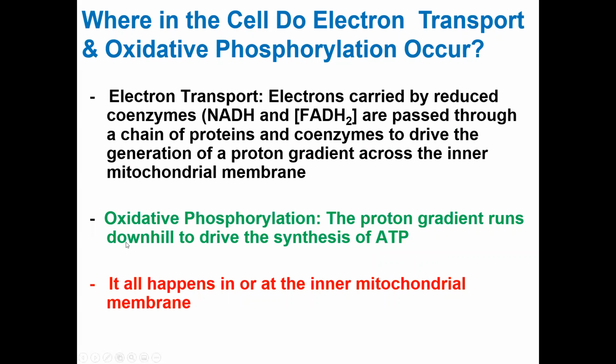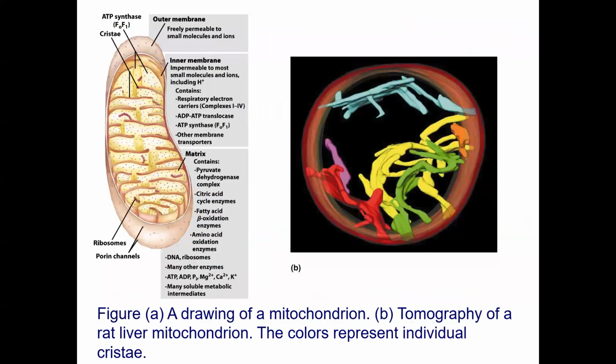The proton gradient that you create is a form of energy. So it runs downhill through F0 F1 ATP synthase to synthesize ATP. You have seen the structure of that before. It all happens in or around the inner mitochondrial membrane.